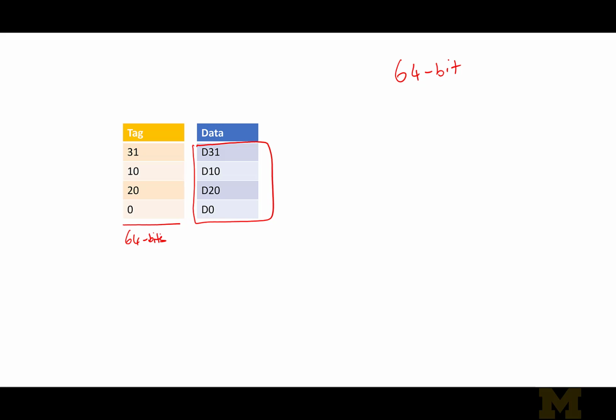And let's assume that each address is also going to store one word, or 64 bits worth of data. So each row has 64 bits of tag for storing 64 bits of data. So that's almost like a 1:1 ratio. So you're paying almost as much overhead as the data size.